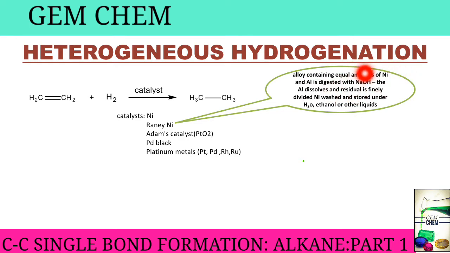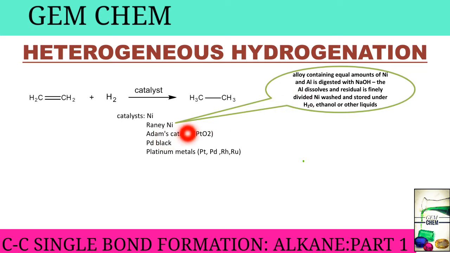When it is digested with NaOH, the aluminium dissolves and the residual is finely divided nickel, which is then washed and stored under water or ethanol or other liquids. This is very effective at lower temperatures and is more reactive than the nickel catalyst. Reaction can take place also at room temperature.